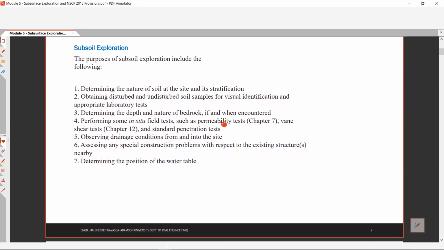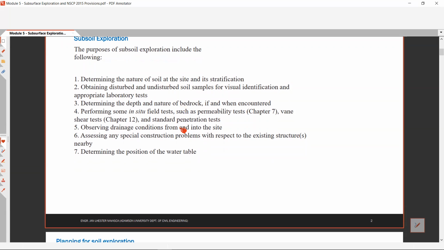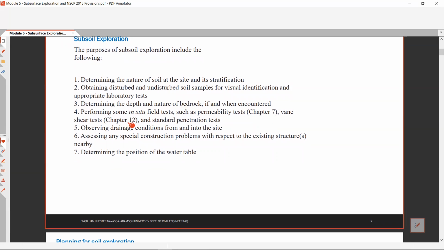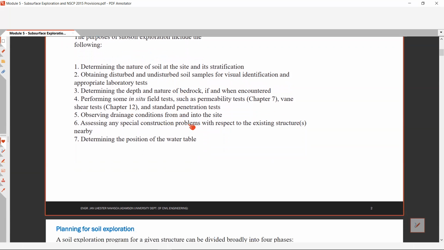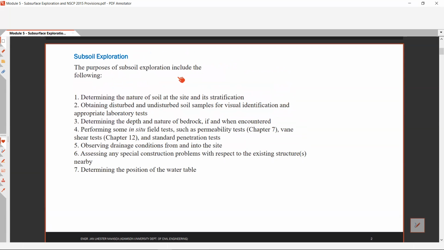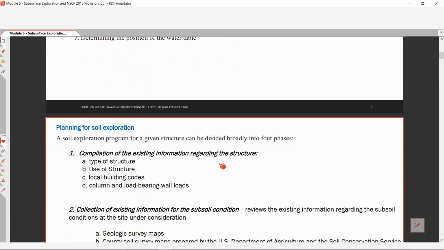We need to obtain disturbed and undisturbed soil samples, determine the depth and nature of the bedrock if encountered, perform in situ field tests, observe the drainage conditions, assess any special construction problem, for example plastic soils and liquefiable soils, and determine the position of the water table.